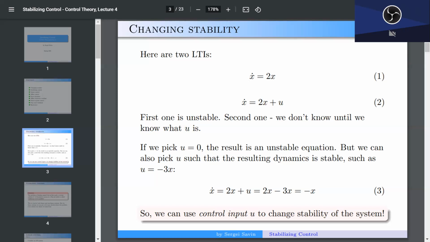But anyway, if I put sine t there, I'm not affecting stability. If I put minus sine t, I'm not affecting stability. If I put, for example, 20 there, I'm not affecting stability. I'm not sure what will happen if we put, for example, just t there. That would be interesting to think about, right? You can think about it on your own.